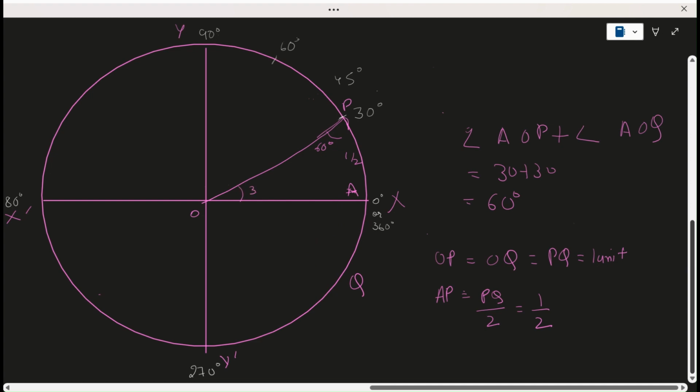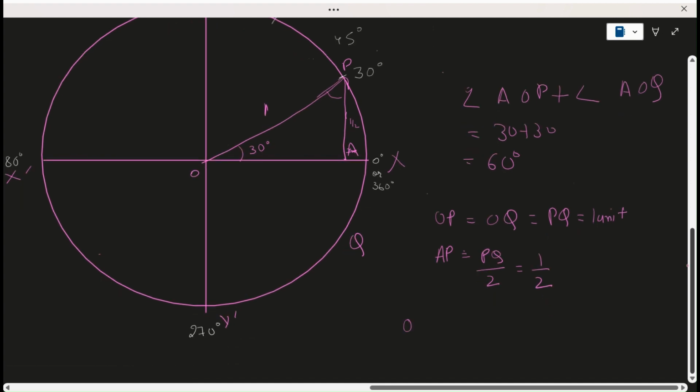This angle we have as 30 degree. We have got this value as half, and this was a 1, right? This was a 1 unit OP. Let us now calculate the value of OA by the Pythagoras theorem.